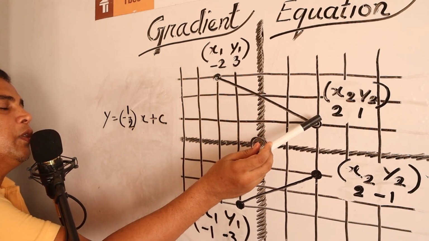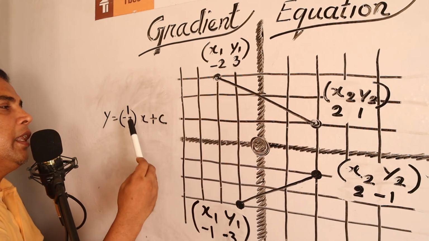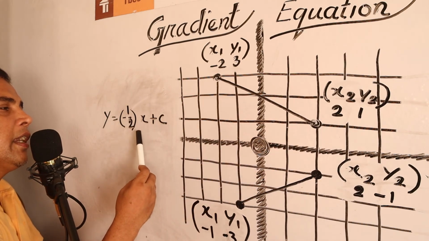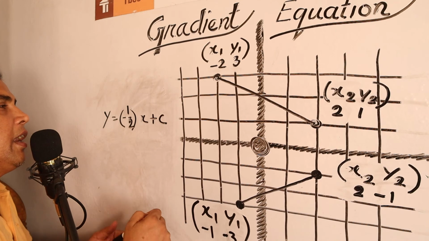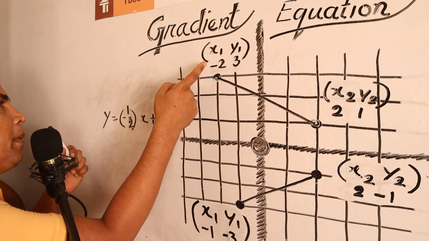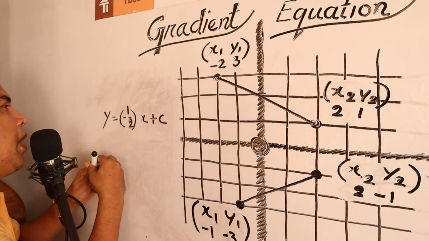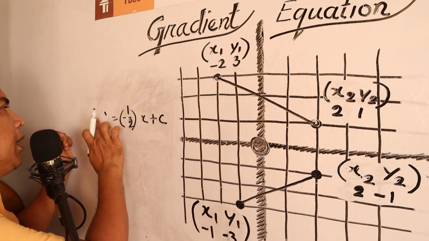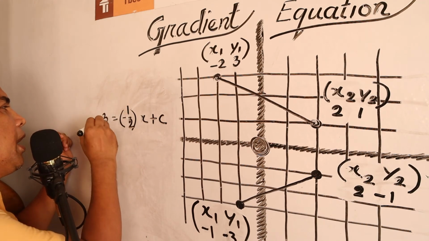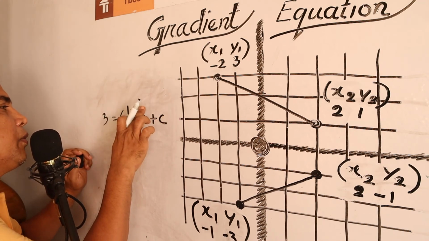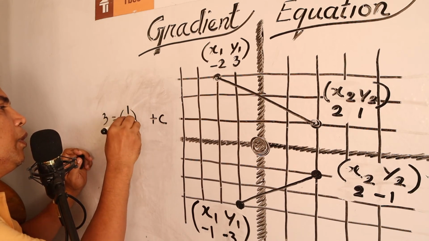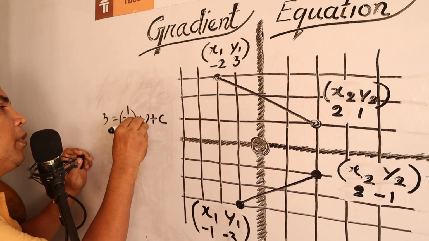The other value doesn't have to be used at the time of getting the equation. So what is the value of x and what is the value of y? y is equal to 3, so 3 has to be put here, and x is equal to minus 2, so minus 2 has to be put here.